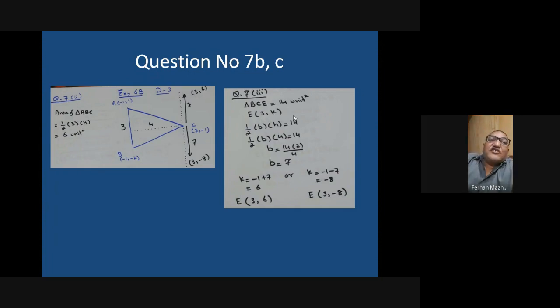The y of the C is -1. If you add 7 to it, the point is above the C, and you get 6. So if you move 7 steps up, the E coordinates will be 3 comma 6. And if the E point is below the C, the y of the C is -1, and you move down 7 steps, so the y value will become -8. So the E coordinates will be 3 comma -8.